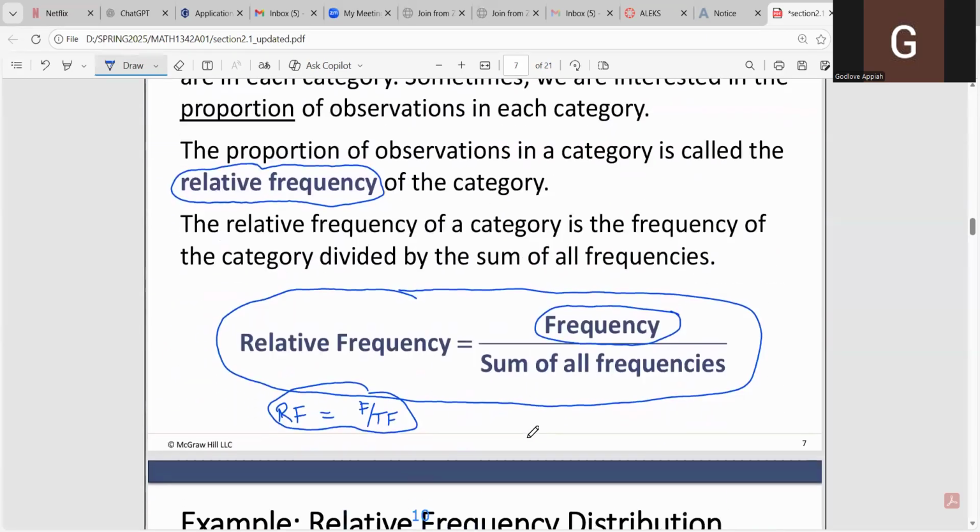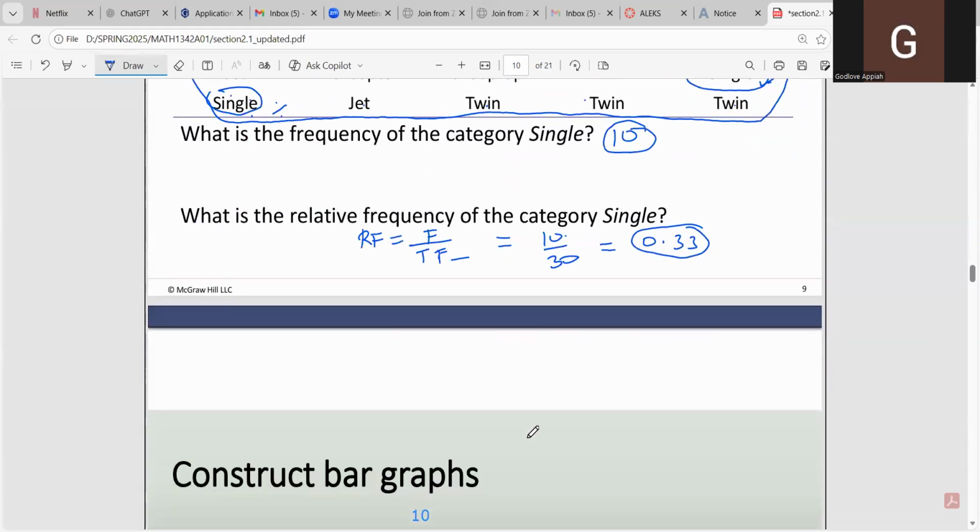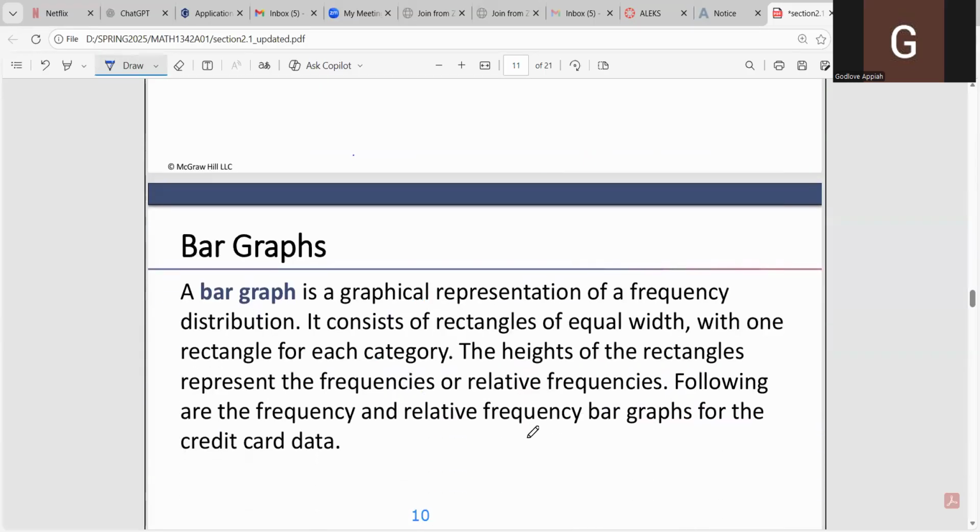All right, so let's look at the details in a bar graph. A bar graph simply consists of rectangles that are of equal width. So the width of these rectangles are the same. Each rectangle represents a category in the data.